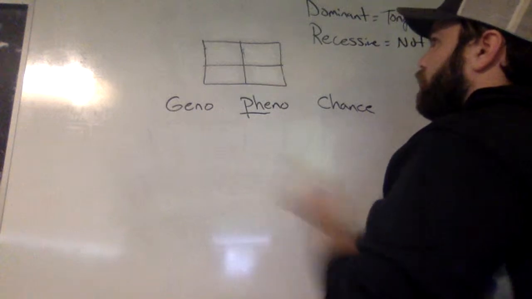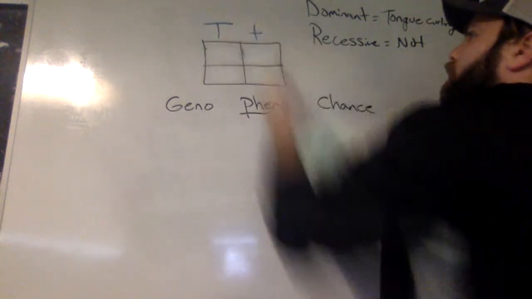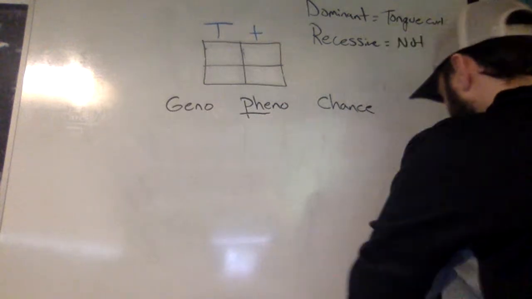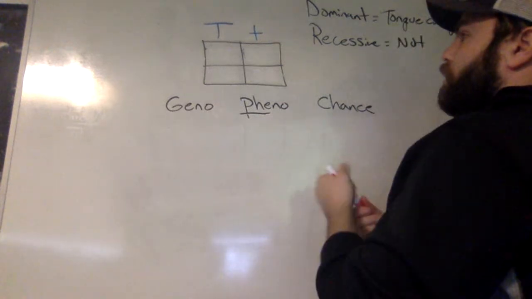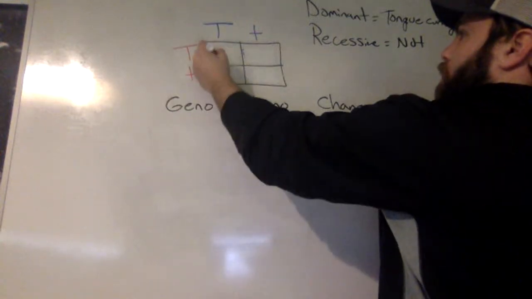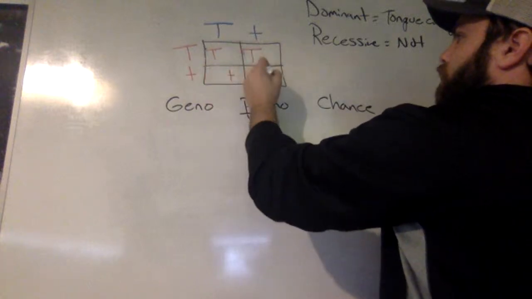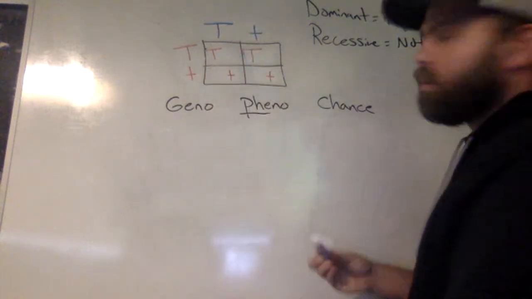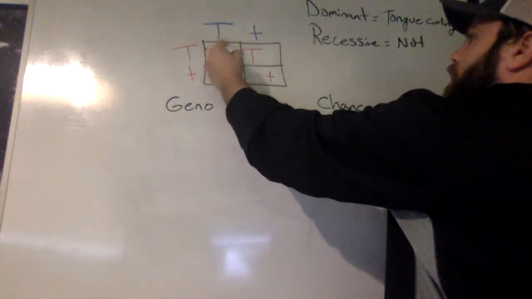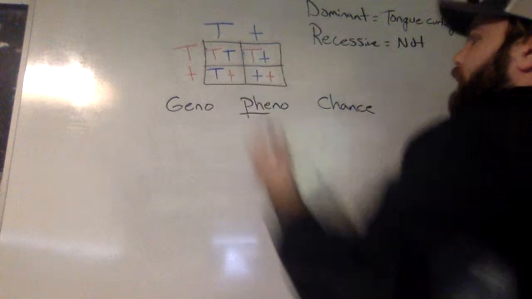So I'm going to use blue for the man. And then we're going to use red for the woman. We'll bring over the woman's. Then we're going to bring down the man's allele.